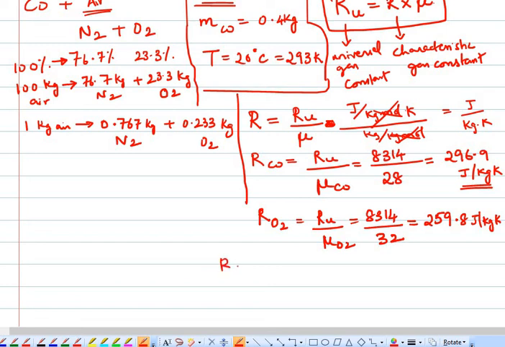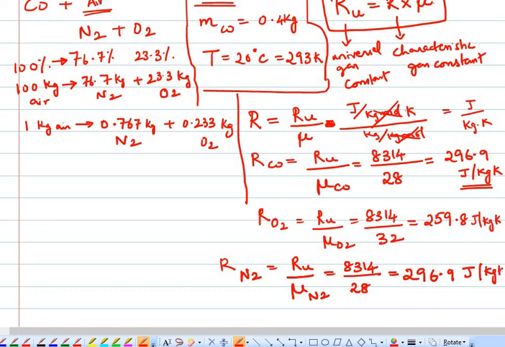Similarly, I can find the R value for nitrogen. So universal gas constant divided by molecular weight of nitrogen, that is equal to 8314 divided by 28. This is 296.9 joule per kg Kelvin.